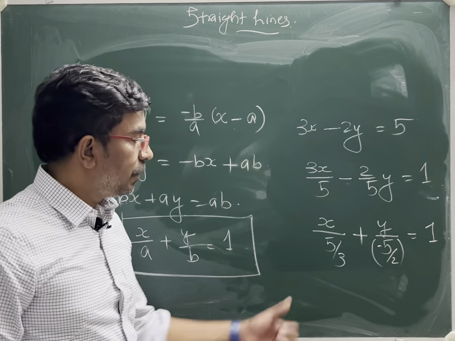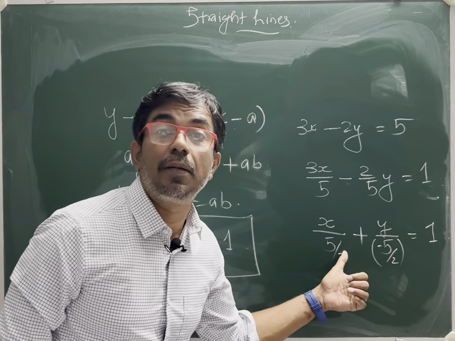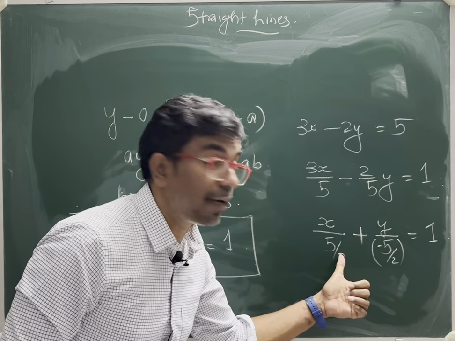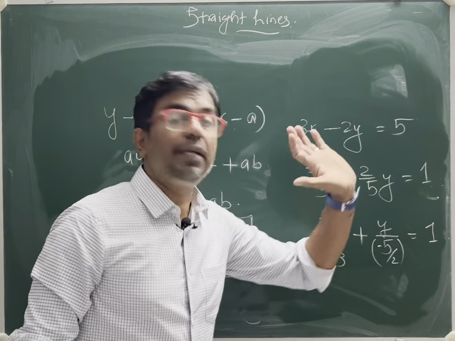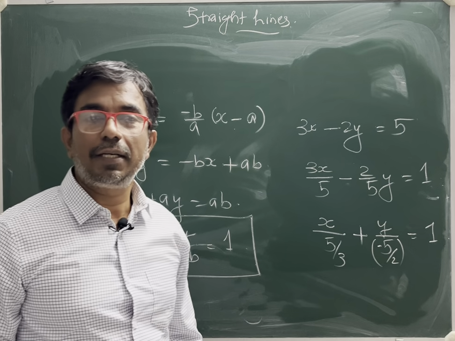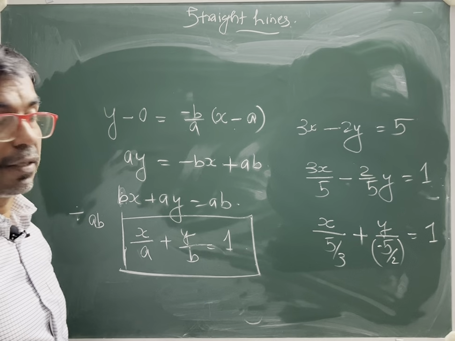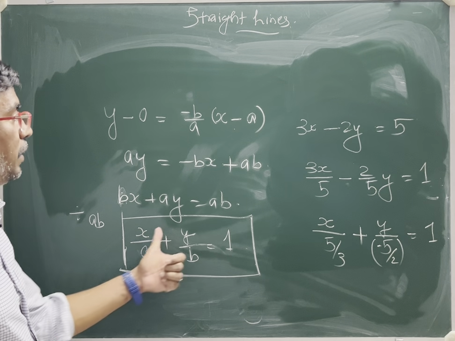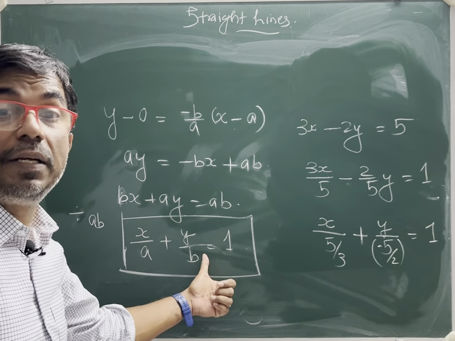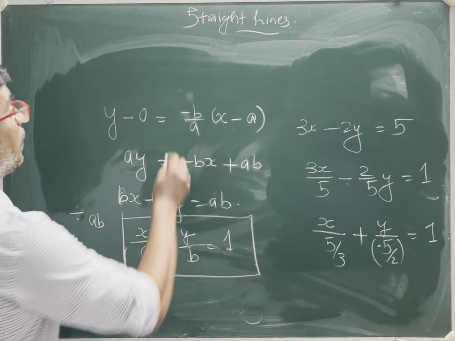Now I'll say the line meets the x-axis at 5 by 3 and the y-axis at minus 5 by 2. So that is the benefit of this form of equation. This is called intercept form.